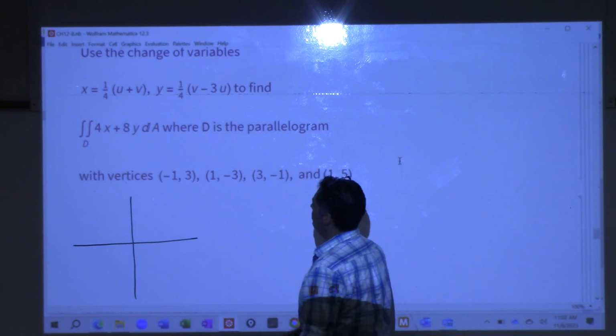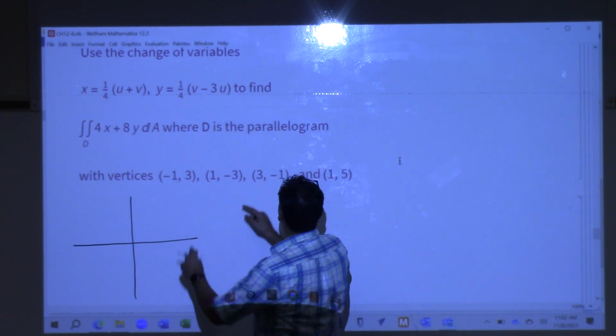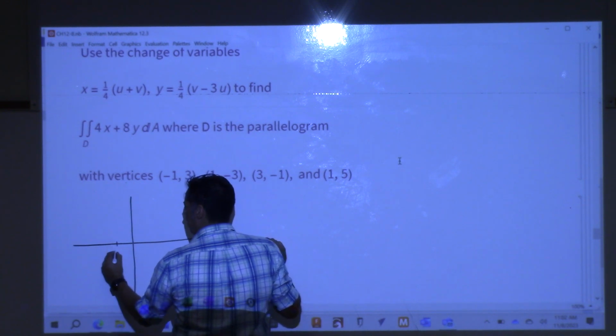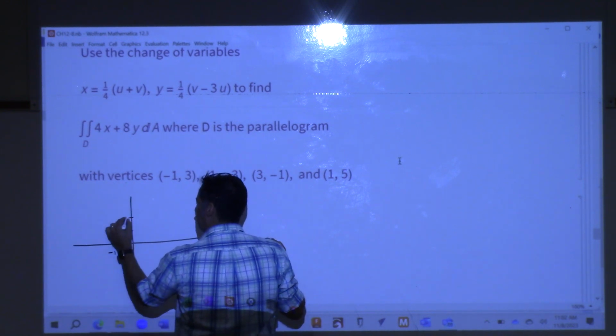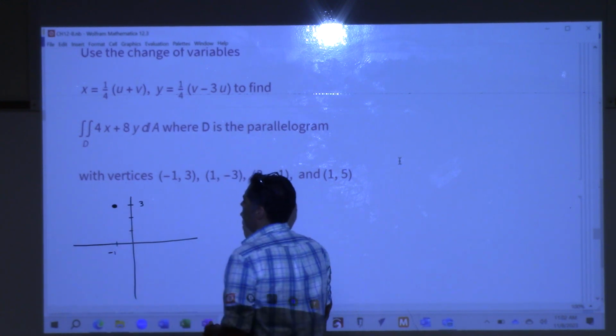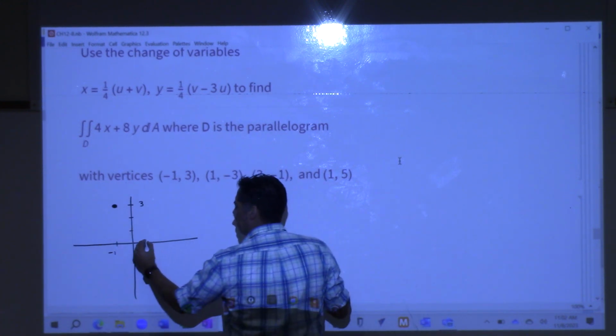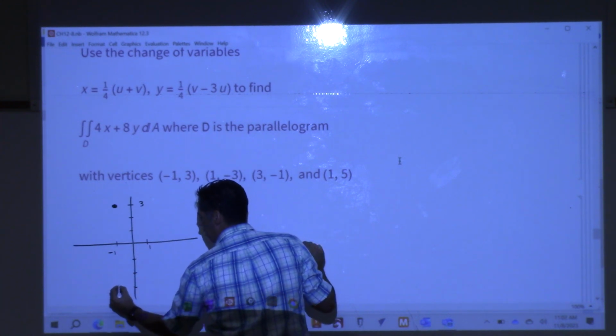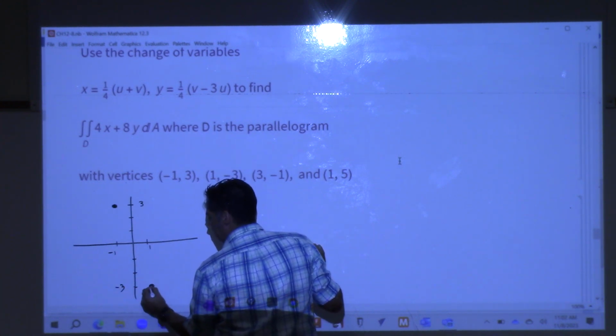It's a parallelogram with these vertices. So negative 1, 3. To the left 1, up 1, 2, 3. Right there. And then 1, negative 3. So to the right 1, down 1, 2, 3. There.